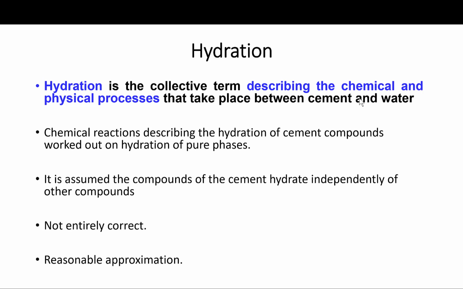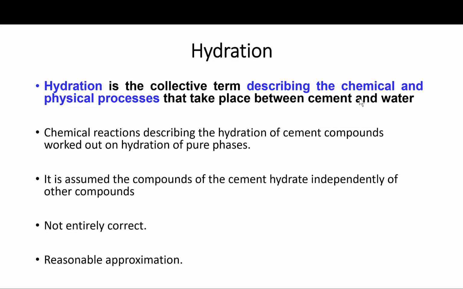This assumption is not completely valid though, since interactions between the hydrating compounds can have important consequences. But in most cases, it provides a reasonable approximation to understanding how cement hydrates.